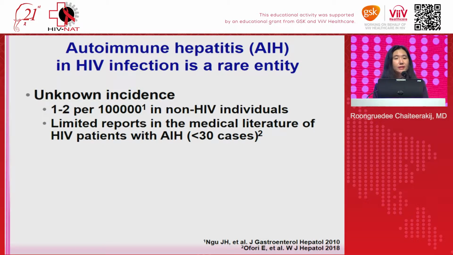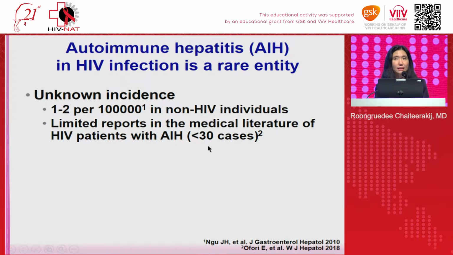Autoimmune hepatitis in HIV infection is actually a rare entity. We don't know the exact incidence of AIH in HIV infection. In the general population without HIV infection, the incidence is about 1 to 2 per 100,000, so it's very low. For HIV-infected patients, there is a very limited number of reports in the literature, less than 30 cases.